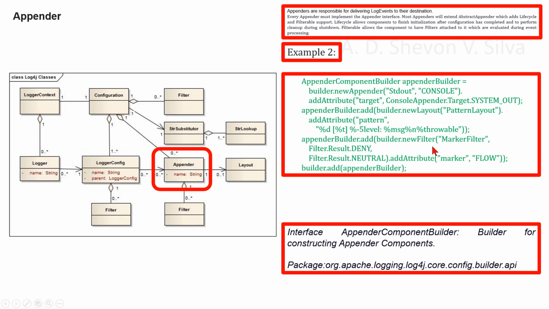This is onMatch, Filter.Result.DENY, and this is what happens on mismatch, Filter.Result.NEUTRAL, and these are the attributes. Adds attribute, boolean attributes. It's a key and this is the value.